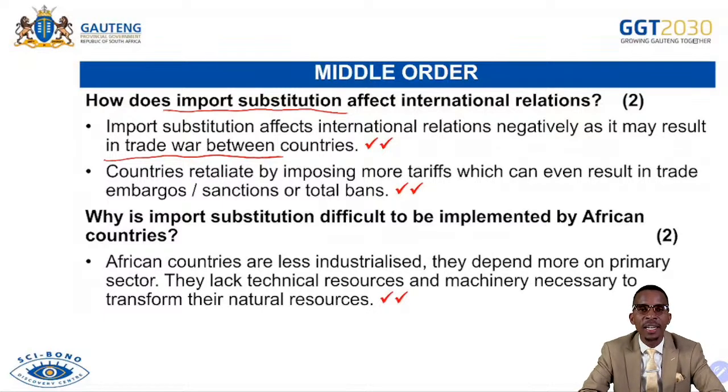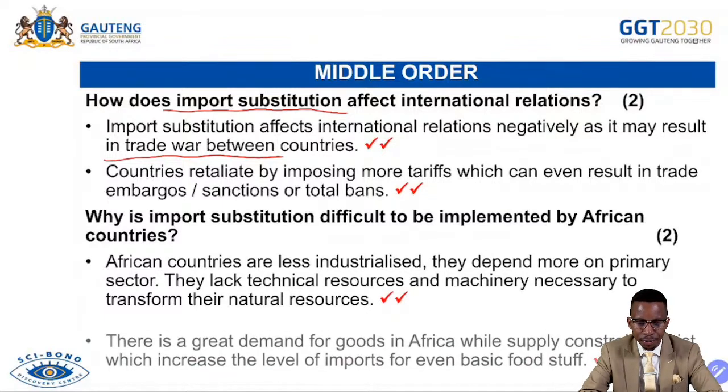So they decide not to do that very much, because they are unable to stand on their own. They are dependent mostly on those other countries for machinery and equipment to transform their resources into final goods and services. They are also dependent mostly on the primary sector or natural resources, for which they don't have relevant equipment to transform them into finished goods.